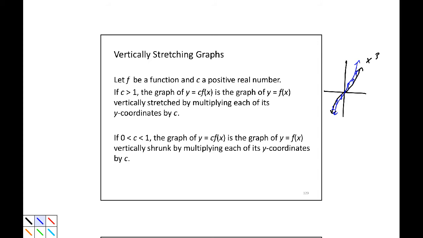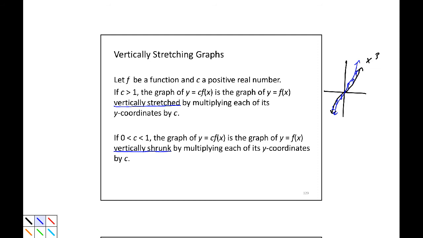We call that a stretch. It's vertically stretched. If 0 is less than c is less than 1, if our value c is between 0 and 1, the graph of y equals c times f of x is the graph of y equals f of x vertically shrunk, vertically shrunk by multiplying each of its y coordinates by c.